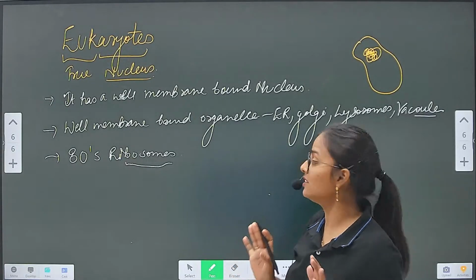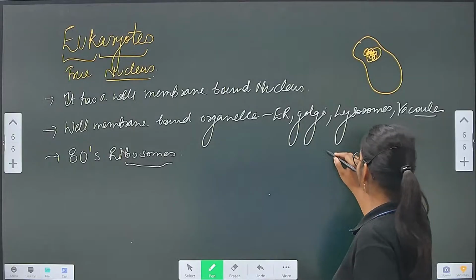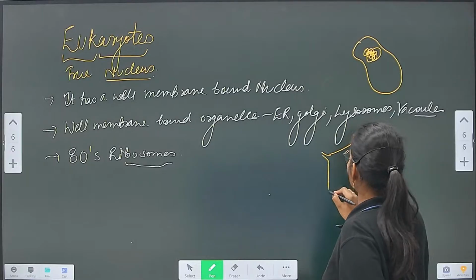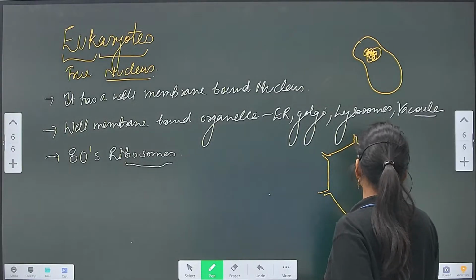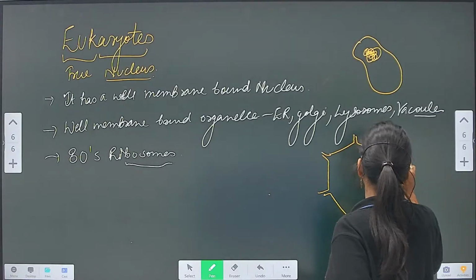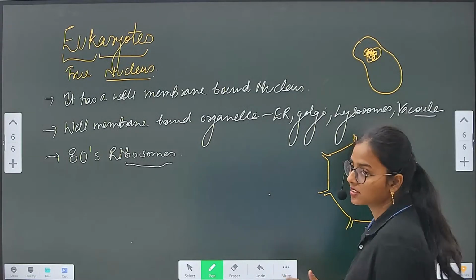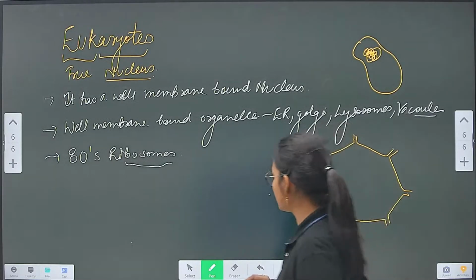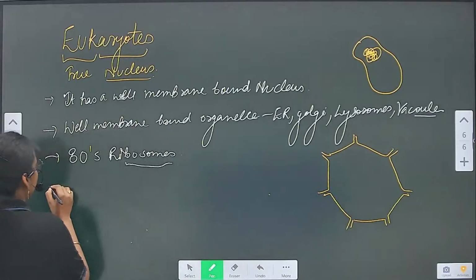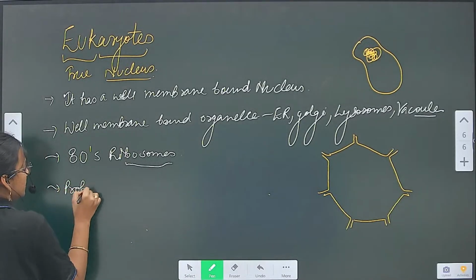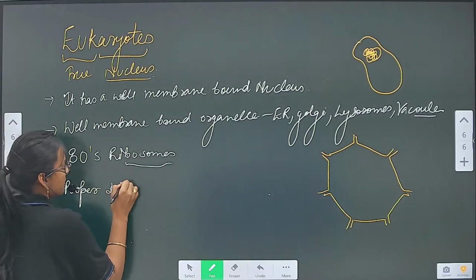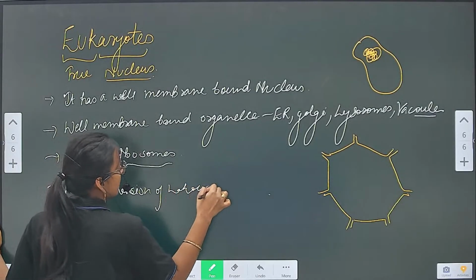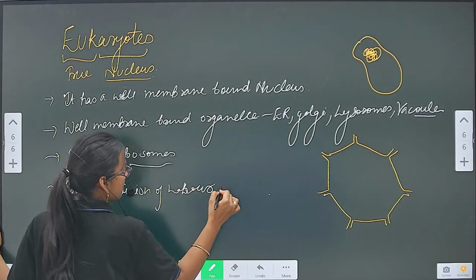But here, if I draw a plant cell, you will be able to see that we have different organelles meant for different functions. So there is proper division of labor seen in eukaryotes.